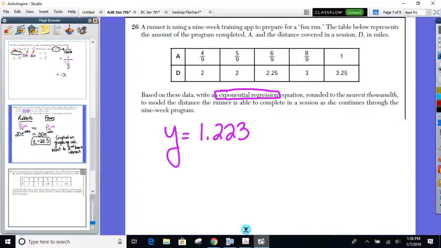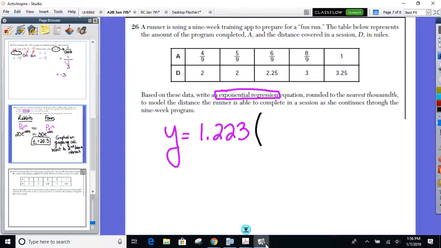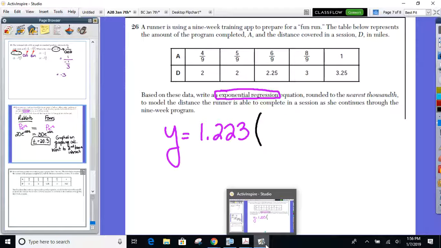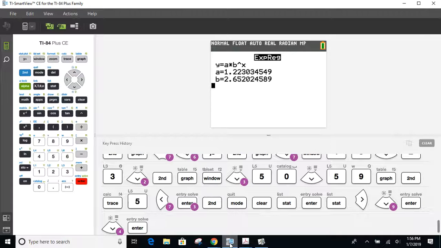Times. Now you can put the times or you can put a parenthesis. It's up to you. You can put the multiplication symbol. The b value, what's the b value rounded to the nearest thousandth? 2.652. And the calculator says raise it to the x.